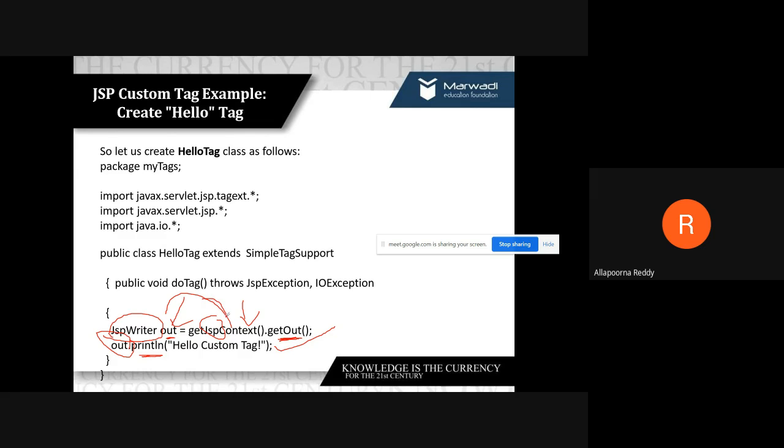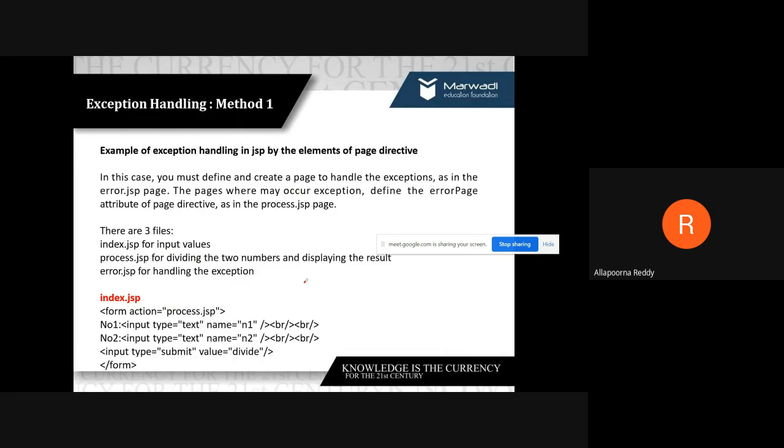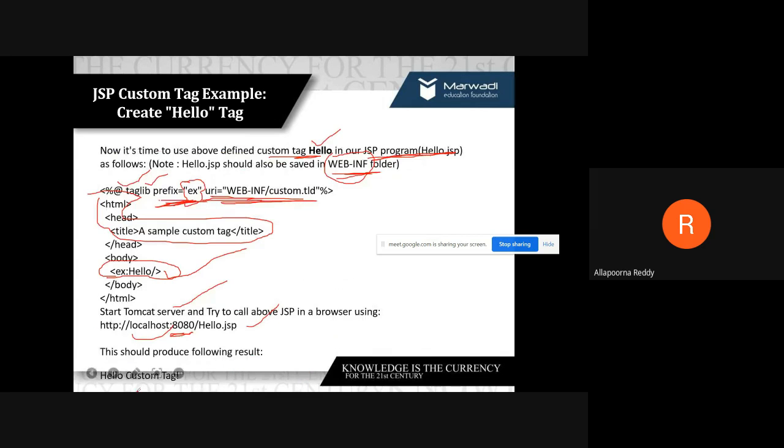By using your getJspContext. It means from your JSP, the TLD file will be called here. Then from the TLD file, we are going to get our context, and that is stored in your out object. Then that out object will be executed to get your message, hello custom tag.